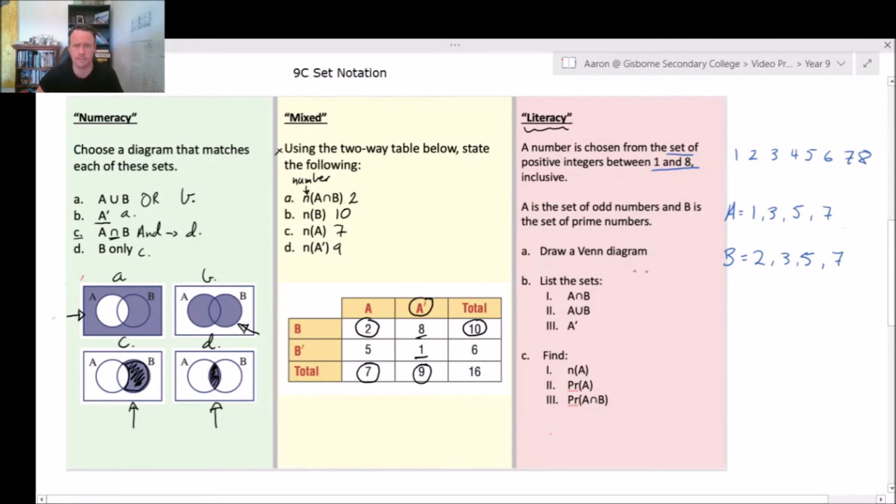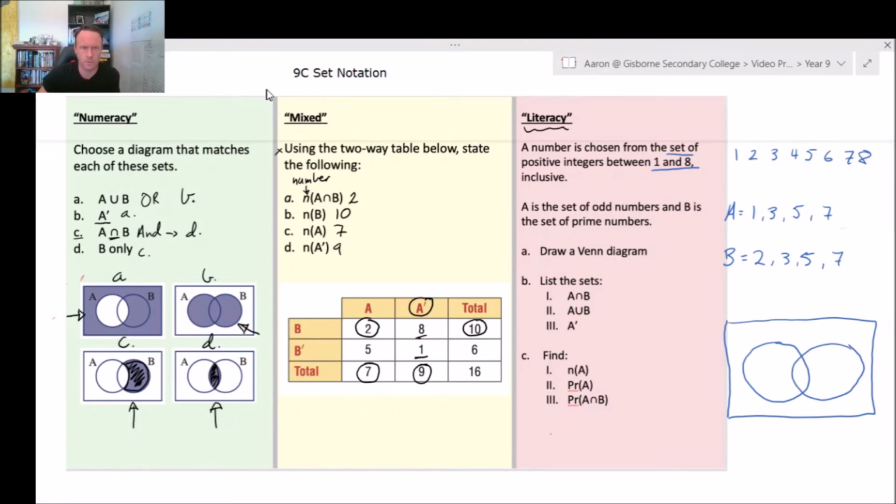First it asks us to draw a Venn diagram of this situation. So I'll take up this bit of space here and let's go with green pen. I'm going to label those as A and B. A was my odd numbers, B is my primes, but first I have to consider what's in both, because I want to put those in the middle section first.